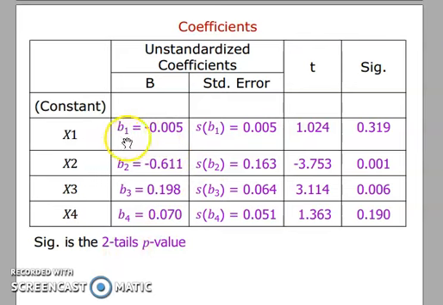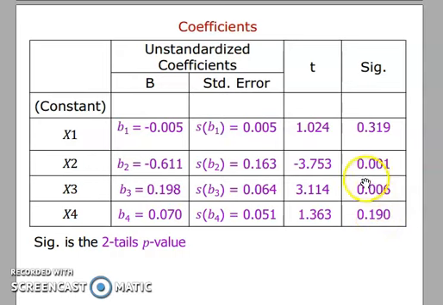So if you want to test beta 1 equals 0 against beta 1 not equal to 0, you can straight away look at the p-value. This is not less than any of the alpha levels, so this is bigger than 0.10, so we do not reject H0. If you look at the other p-values, this one is less than alpha 0.01, this is less than alpha 0.01, but this is not less than any alpha level.